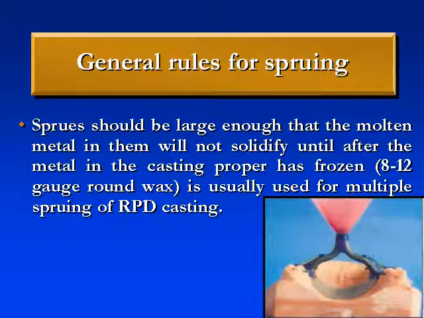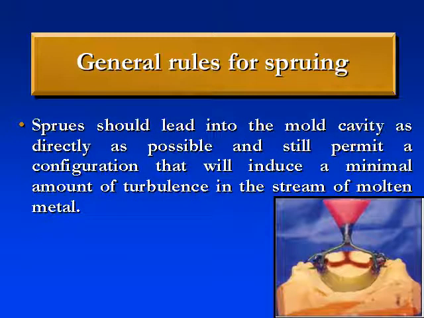Round wax is usually used in the case of multiple sprueing during removable partial denture casting. Another rule is that the sprue channel should lead as directly as possible into the mold cavity, while still permitting a configuration that will induce minimal or no turbulence or disturbance in the flow stream of the molten metal during the casting procedure.